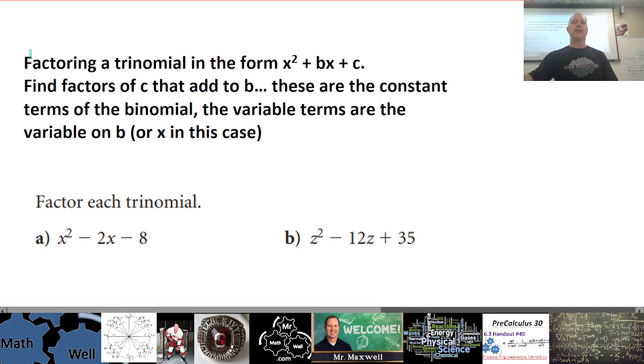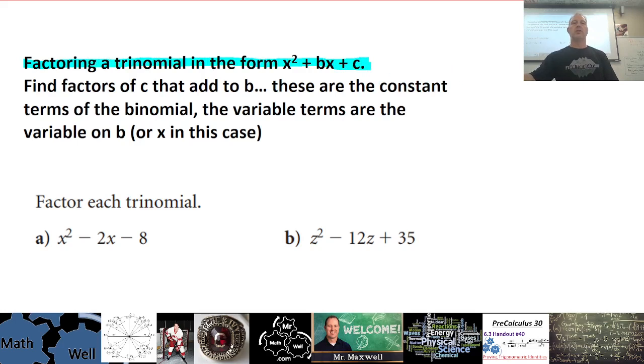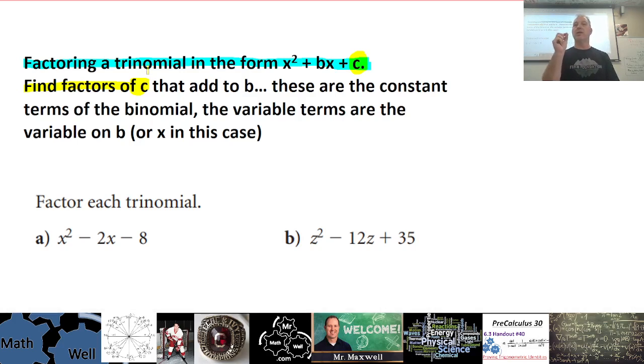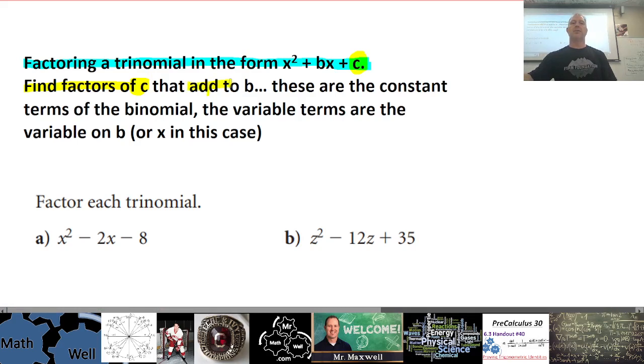So factoring a trinomial, please write this down in your notes, in the form of x squared plus bx plus c. This is how we do it. Find factors of c. That's the constant term right here at the end. That means two numbers, integers, positive, negative, whatever, that multiply to c and also add to b at the same time.